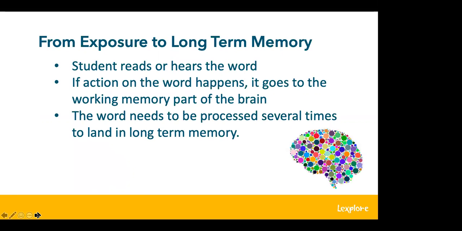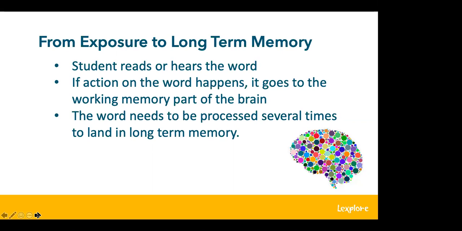Okay, so let's take a quick look at how a vocabulary word goes from the first little exposure to long-term memory. Long-term memory is when it's added to that background knowledge for continuous learning and knowledge building. So at first, a student may be exposed to a word by reading it or hearing it.